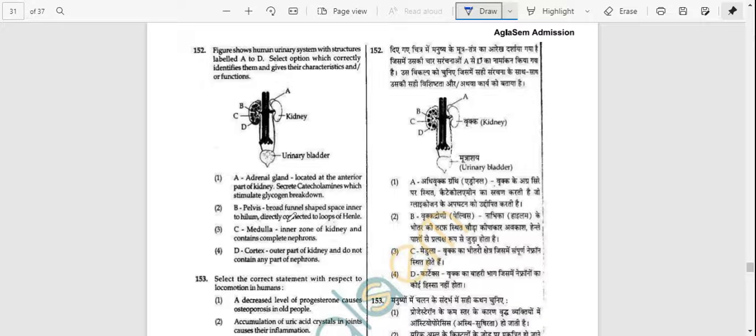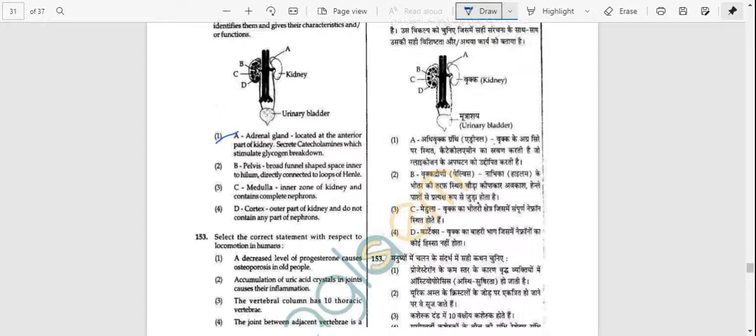B. Pelvis, broad funnel-shaped space inner to the hilum, directly connected to the lobes of Henle. C. Medulla, inner zone of the kidney, contains complete nephrons. D. Cortex, outer part of the kidney, does not contain any part of nephrons. Answer is option A, that is adrenal gland located at the anterior part of the kidney secretes catecholamines which stimulate glycogen breakdown.